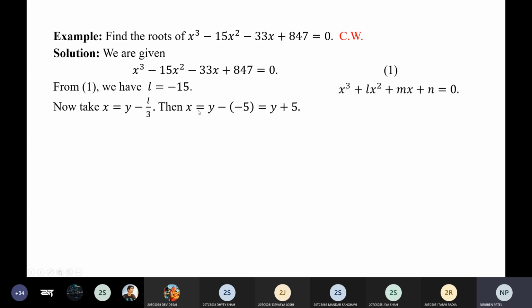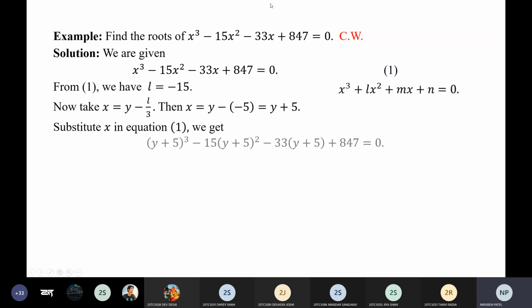That means we will replace x by y plus 5 in this equation 1. Is it okay, beta? Are you getting this idea? Yes, sir. Okay. So write this down, and after that substitute x is equal to y plus 5 into equation 1 and try to simplify this.